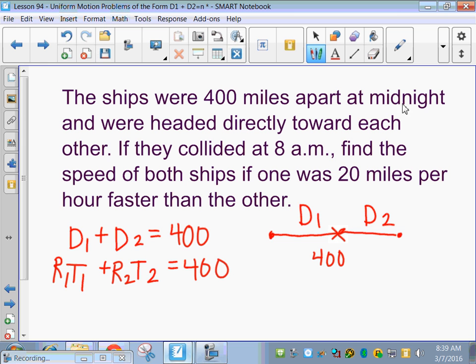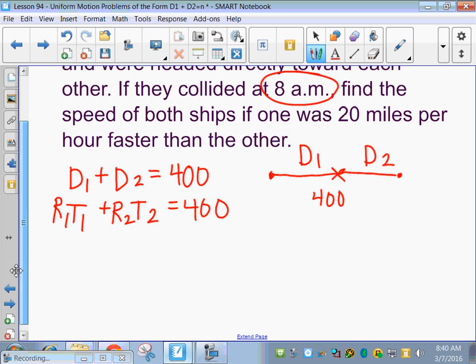They were 400 miles apart at midnight, and they collided at 8 a.m., right? So both their times are the same, right? What should we put for both their times? Yeah, so midnight to 8 a.m. is 8 hours. So we're going to plug in 8 for both times.